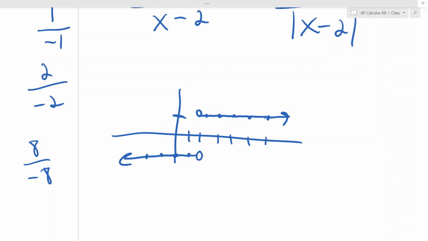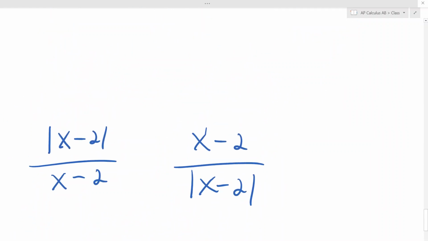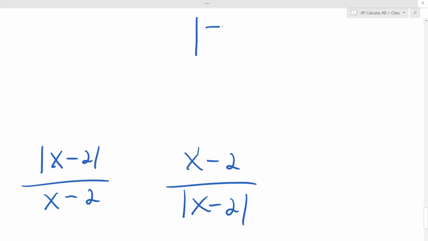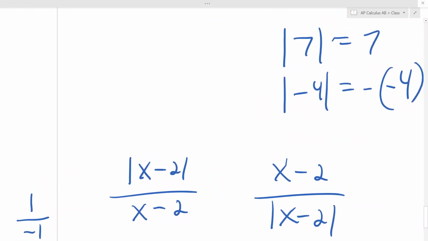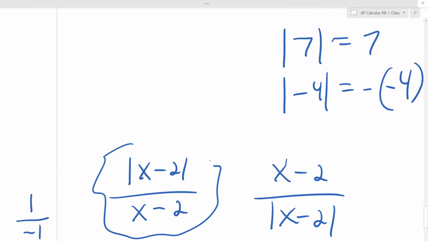Okay? And just to make sure we're all okay, everyone knows that the absolute value of 7 is 7. Everyone knows the absolute value of like -4 is 4. But what you're really doing there is multiplying by a negative to change its sign, right? So when you see absolute value, I want you to keep in mind, if you look at this function right here, it could really only do one of two things.